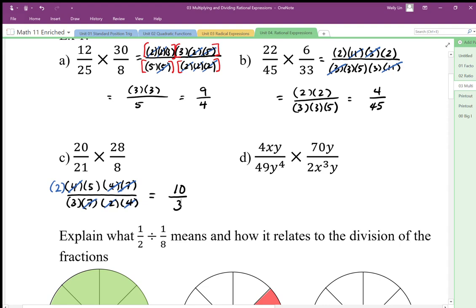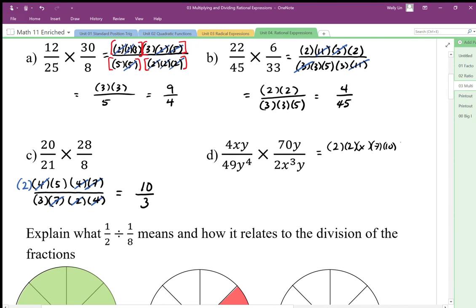Even with variable pieces, we just need to recognize the factors that will cancel out. So for the numerical factors, I've got 2 and 2, 7 and 7. I'm going to write this as 2 times 2 times x times 7 times 10 times, oh, there's a y in there as well.